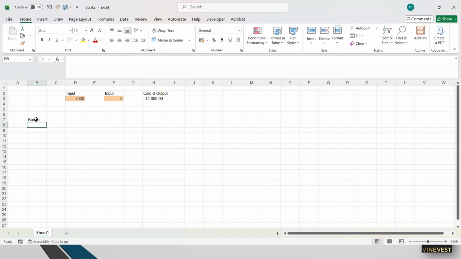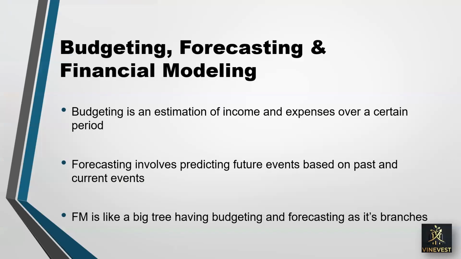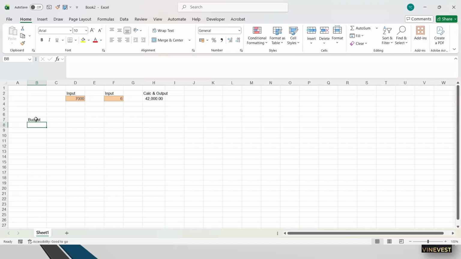Right? Okay, so you know that a budget, just like we said, is an estimation of income and expenses over a certain period. For example, if a company wants to prepare their budget, first of all, they want to know what their income is.